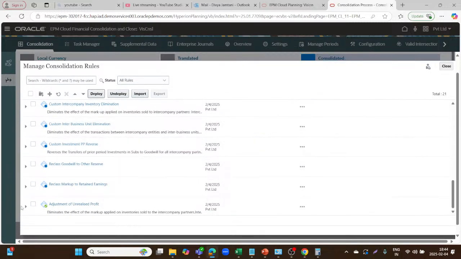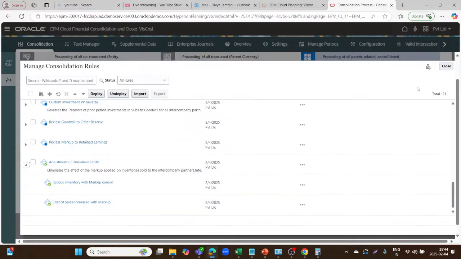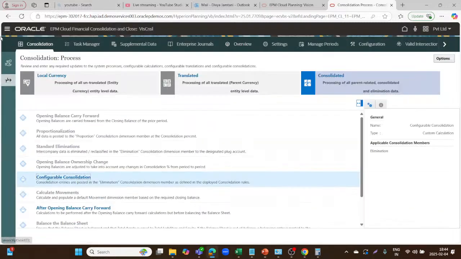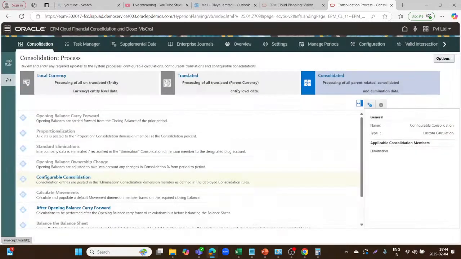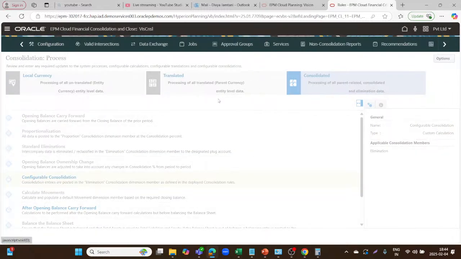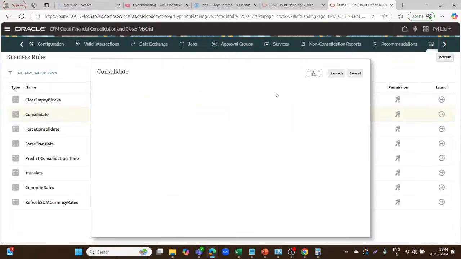You can see the rule has been deployed, the rule that we just wrote. After deploying the rule, we'll run the console business rule. So this is my entity, the parent entity, that is your North America. Period is Jan, year is FY16, scenario is actual.